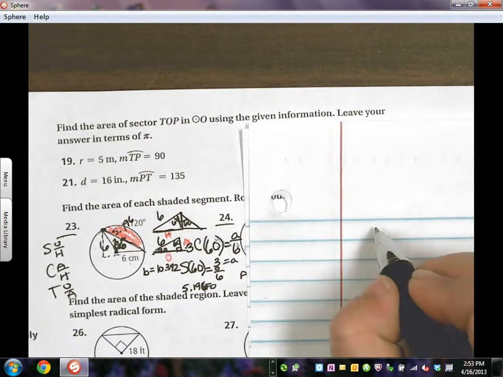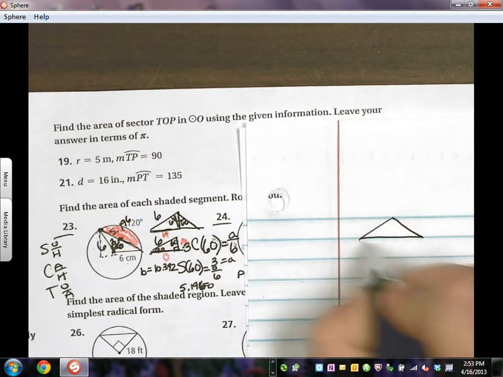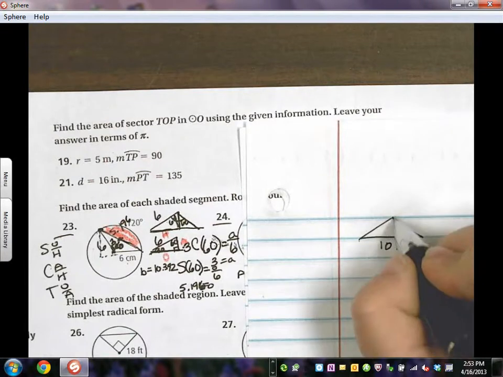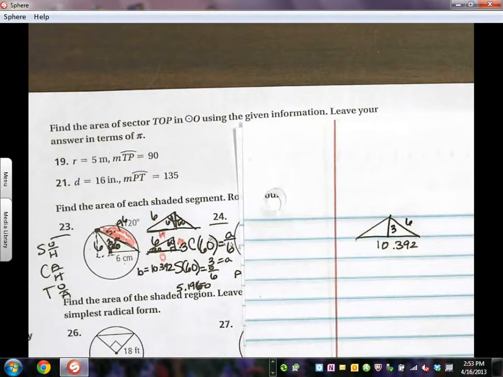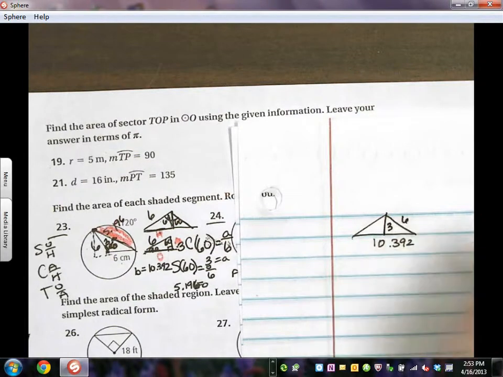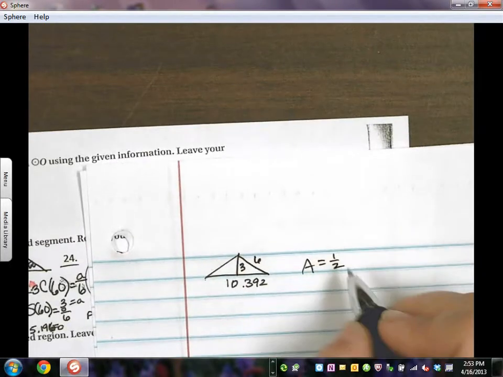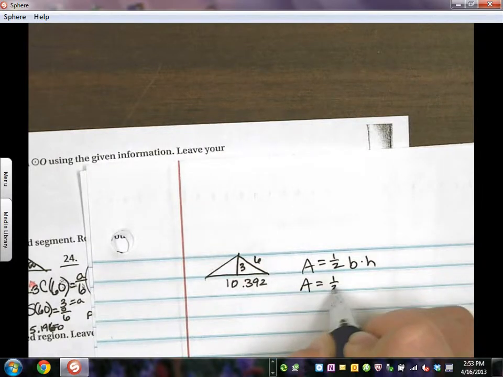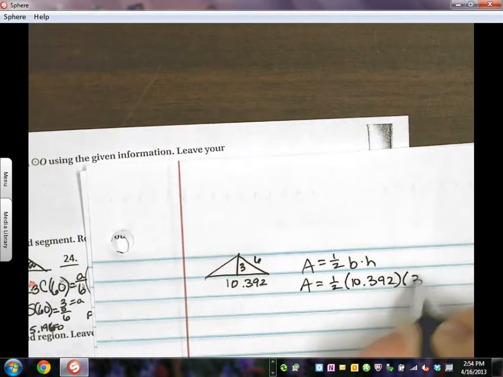So I'm going to draw this isosceles triangle so you can see what we found. We found that the base is 10.392, and we found the height was 3. We knew the hypotenuse was 6 there, okay? So can I find the area of that triangle? I sure can. I know the area is going to equal 1/2 base times height. My base is 10.392 and my height is 3.